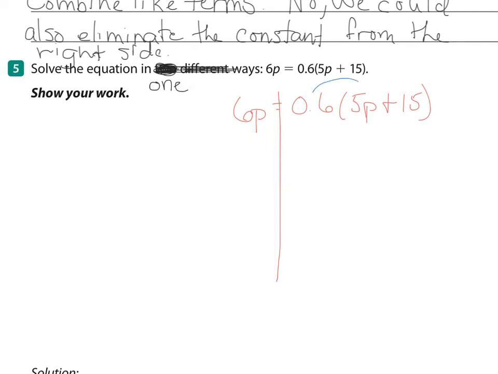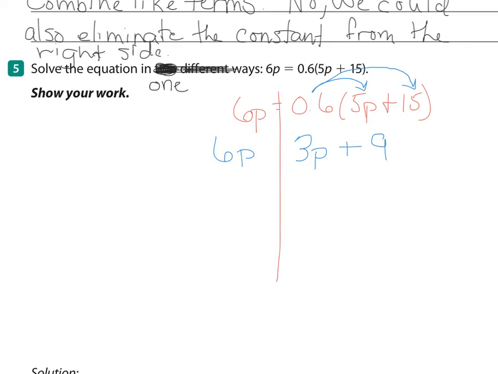So the first thing we're going to do is take 0.6 or 6/10 times 5p, and then 6/10 times 15. So solving that, 6p equals, when I multiply 6/10 times 5, you will get 3p, plus 6/10 times 15 will give you 9.